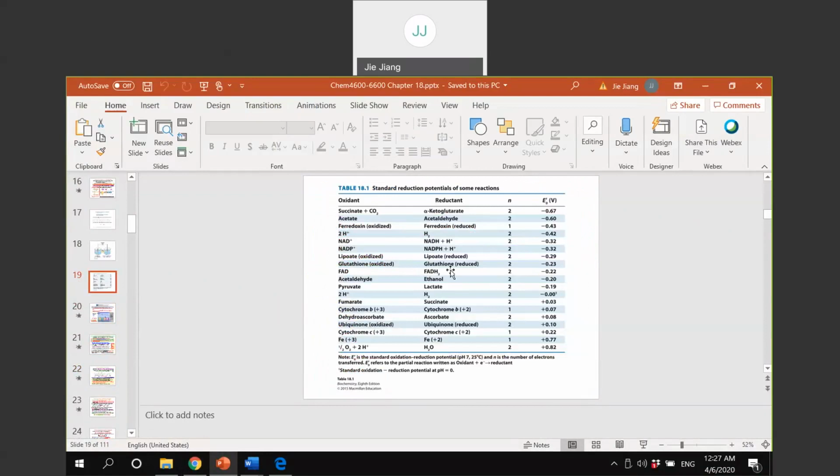Here, it shows you the cell potential values, and this N again is how many electrons are transferred. If you notice, this table goes from negative values to more positive values.